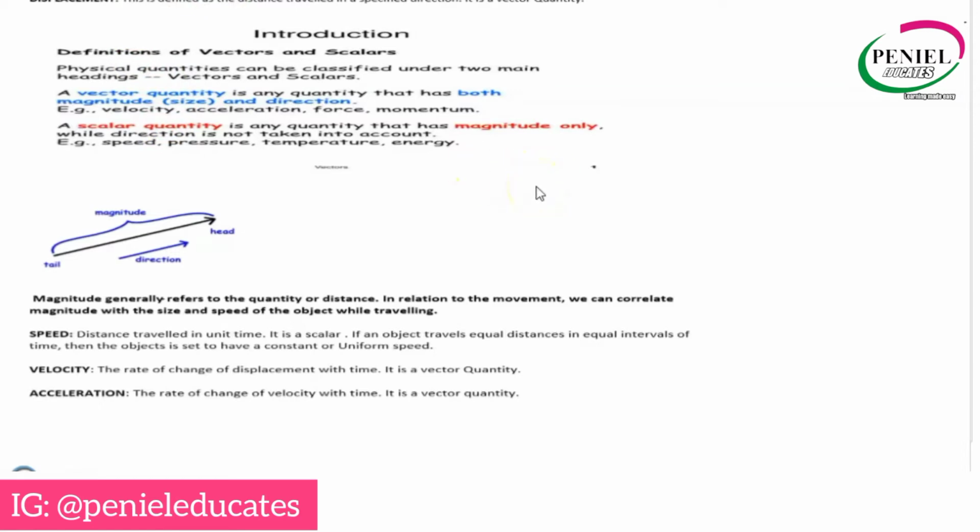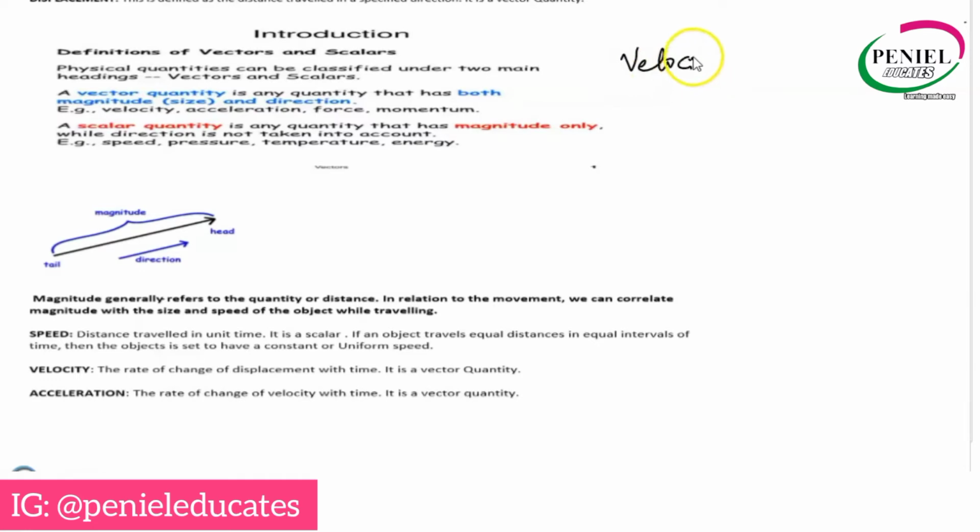a vector quantity. Vector quantity is just any quantity that has both magnitude, which is the size, and direction. It has a magnitude and has a direction. So we have velocity.